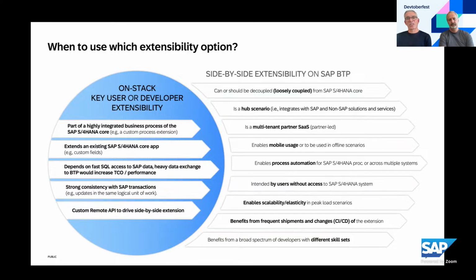But let me pick up on one of the last things on the bottom right here, which is the different skill sets. Some of the criteria we talked about are really first-class criteria, like tight coupling. If you need to be tightly coupled, you are on stack. If you want to do a hub scenario, you're definitely on the BTP. But then there's very often also the skill set of your development teams.